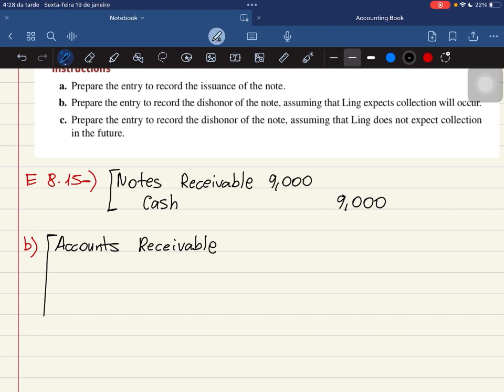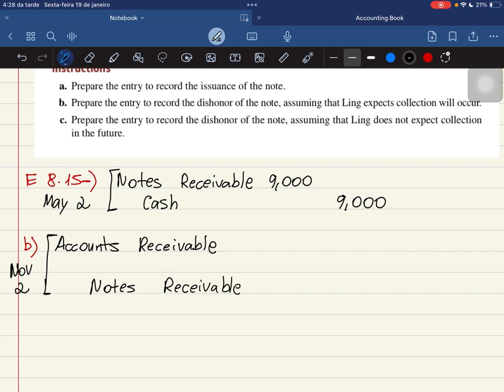So we're going to have accounts receivable like that. I forgot the dates. This is May 2nd and this is November 2nd. Okay. And we're also going to have notes receivable going down, right? So over here, we're going to have notes receivable.